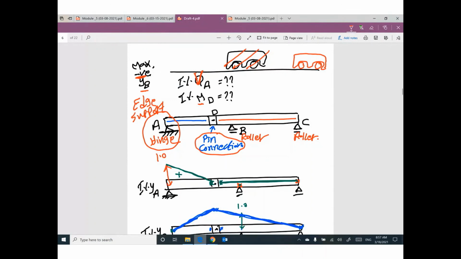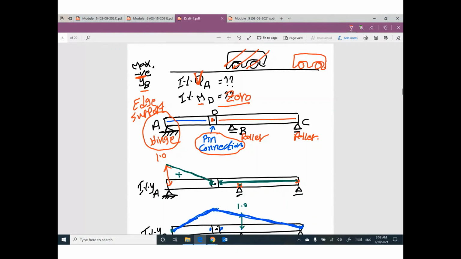Okay, let me start first with influence line for moment at D. Pin connection. Any pin connection, we don't have moment. So if I'm asking for influence line for moment at D, it's 0. We don't have diagram. We don't have influence line. We don't have values.